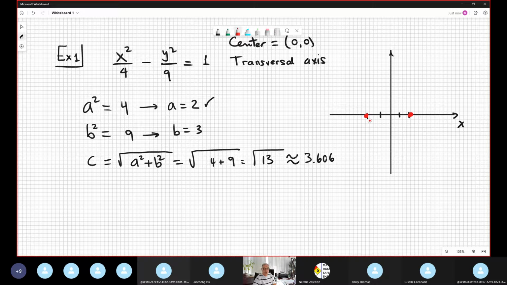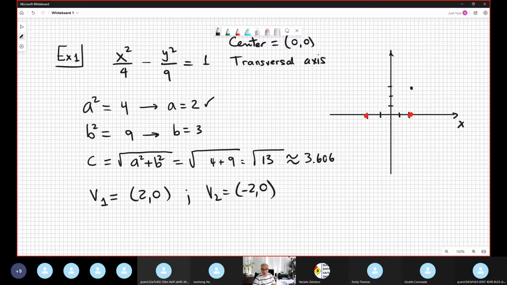So I write here: Vertex 1, 2,0; Vertex 2, negative 2,0. And from this, our famous reference rectangle: 1, 2, 3 and the other segment 1, 2, 3.